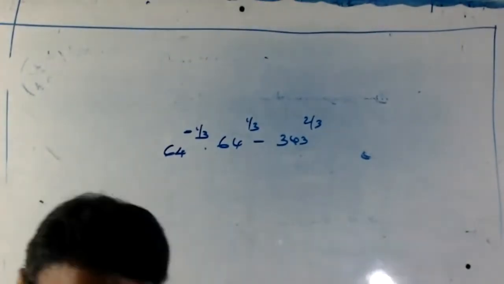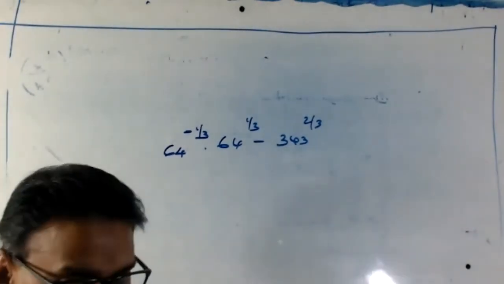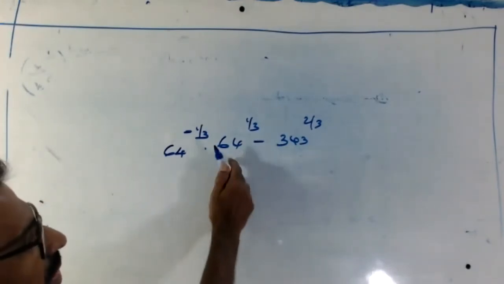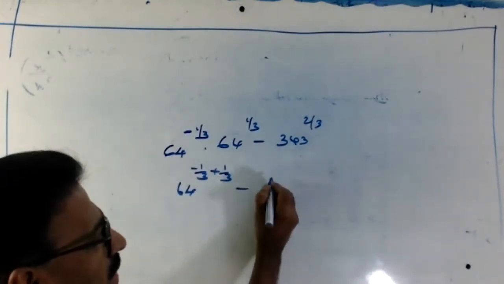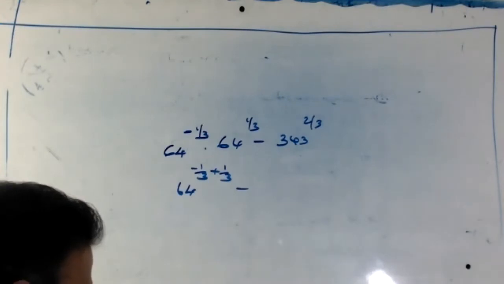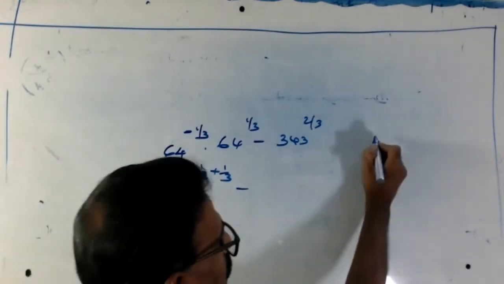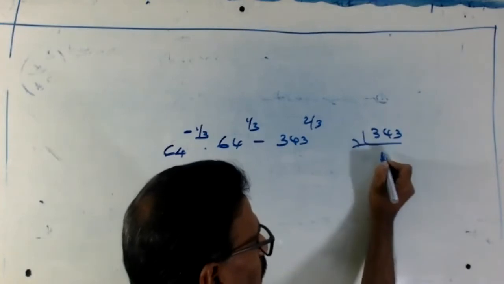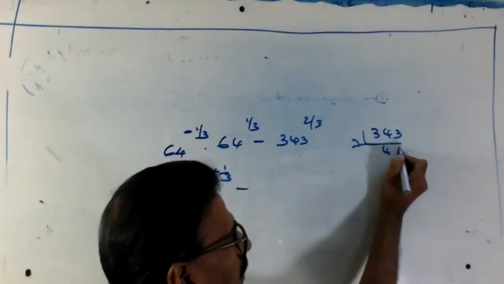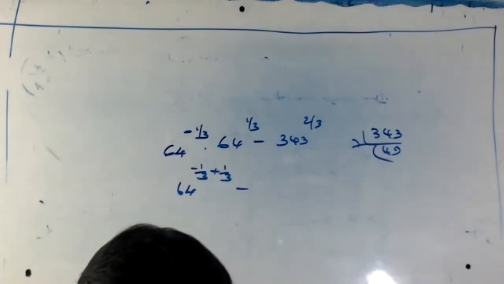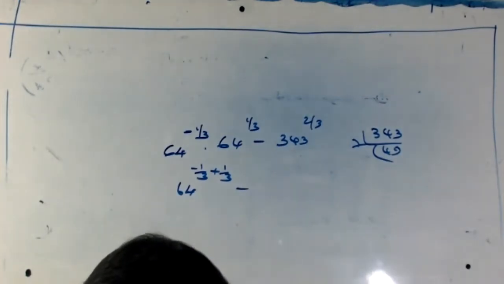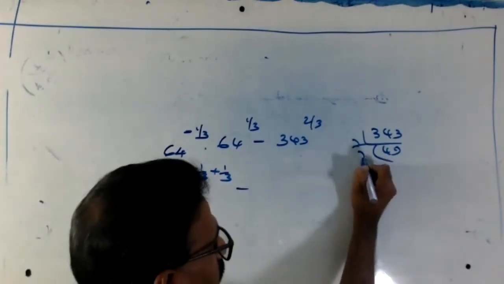Okay. Look here. Come on, this one is simple. 64 raised to minus 1 by 3 plus 1 by 3, minus this one, 343, how much? 343 is 7 cube, then 49, right? You check it: 343 divided by 7 possible or not? 49, 7 7.